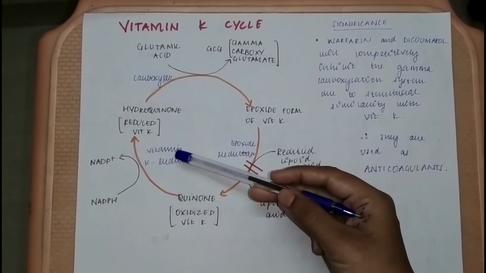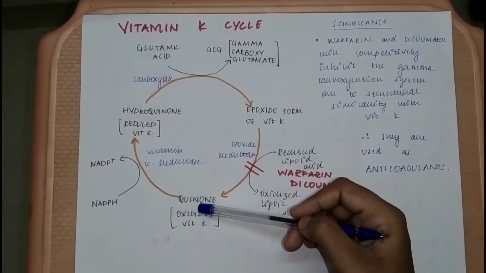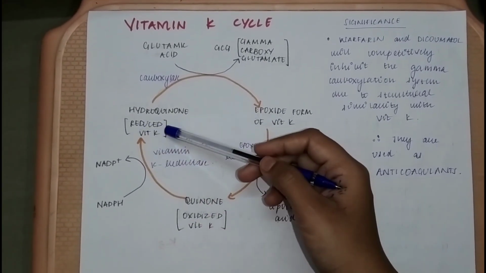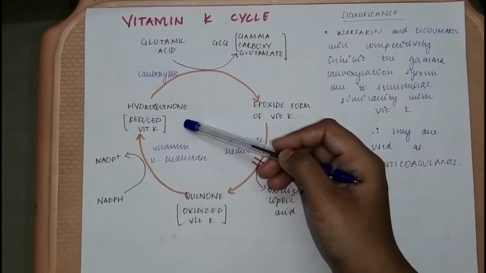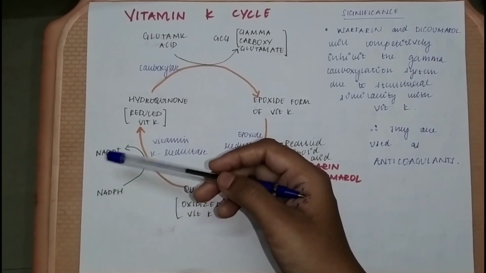With the help of vitamin K reductase, oxidized form of vitamin K quinone gets converted to reduced form of vitamin K hydroquinone. Simultaneously, NADPH gets converted to NADP+.